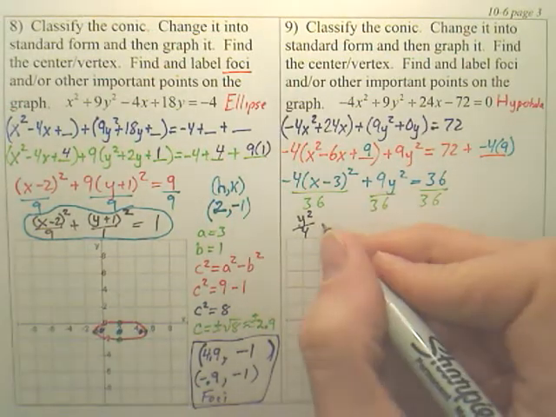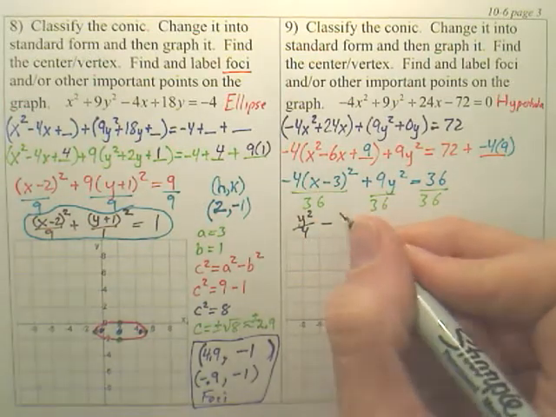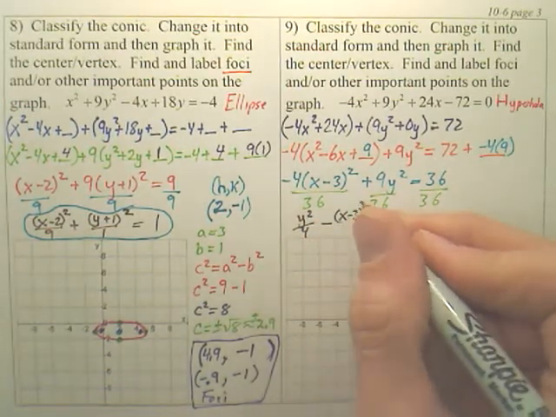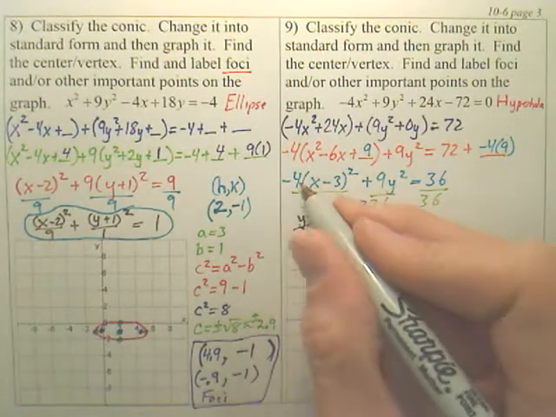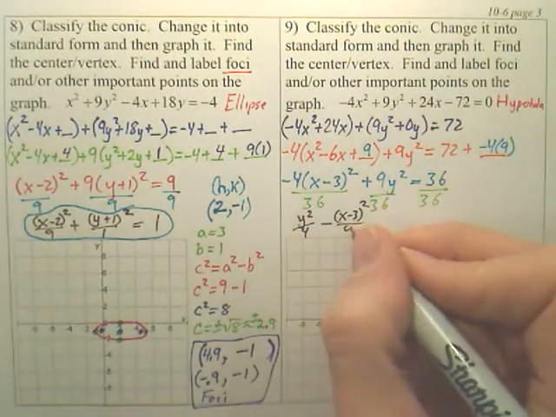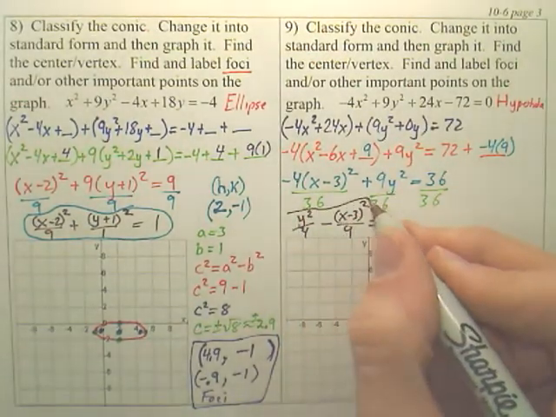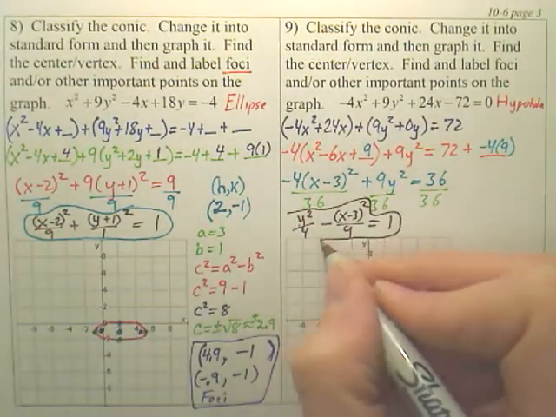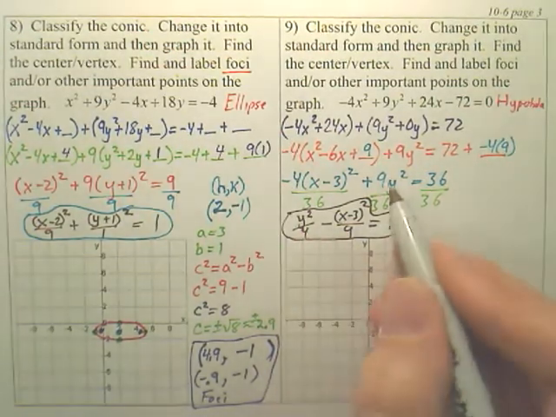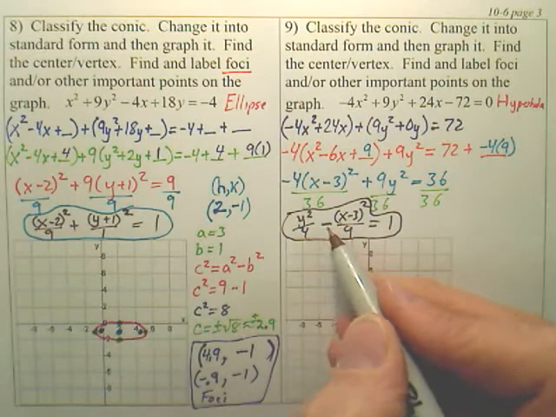And then the other one, minus, because this is minus, I'm moving. And this is x minus 3 squared. And 4 goes into 36, this is 1/9 equals 1. Again, I put the y first because I need the minus in between. Remember, hyperbolas always have a minus between.